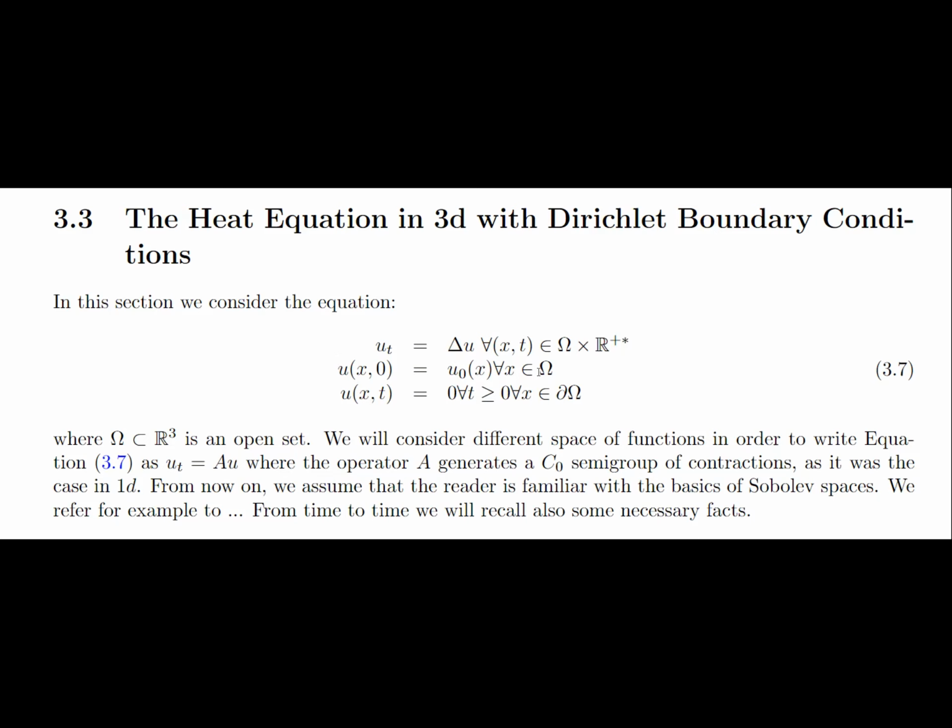You have an initial condition, and you have that u is 0 at the boundary. So this is known as the Dirichlet boundary condition.